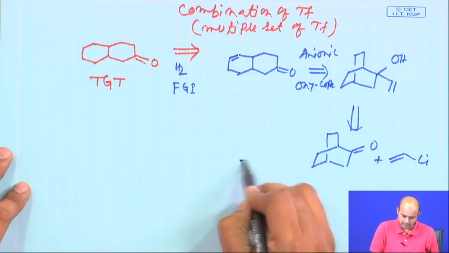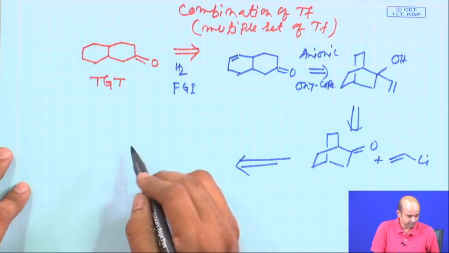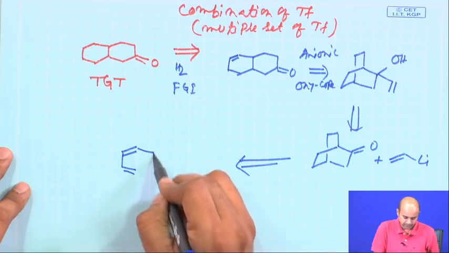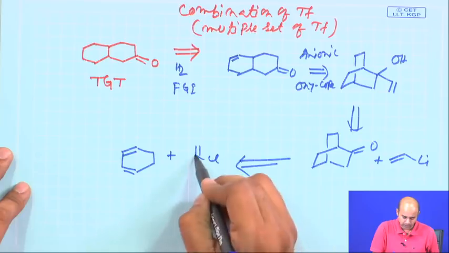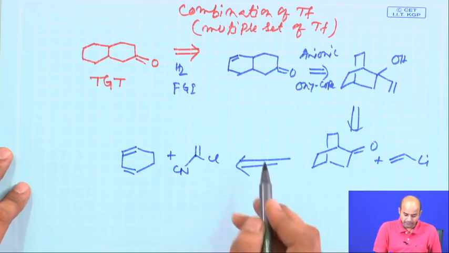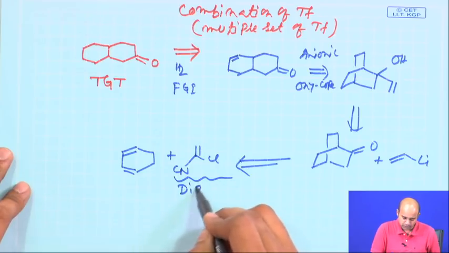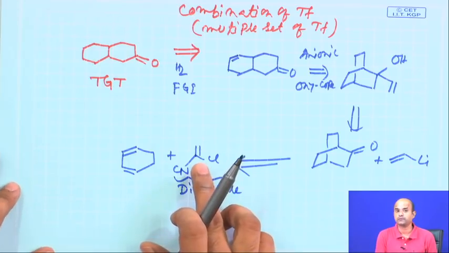This vinyl lithium is commercially available. This bicyclic ketone we said can be prepared by this nucleophile. This is already done. I am saying that this nucleophile is fine, or this dienophile is absolutely fine, but this dienophile is very expensive.